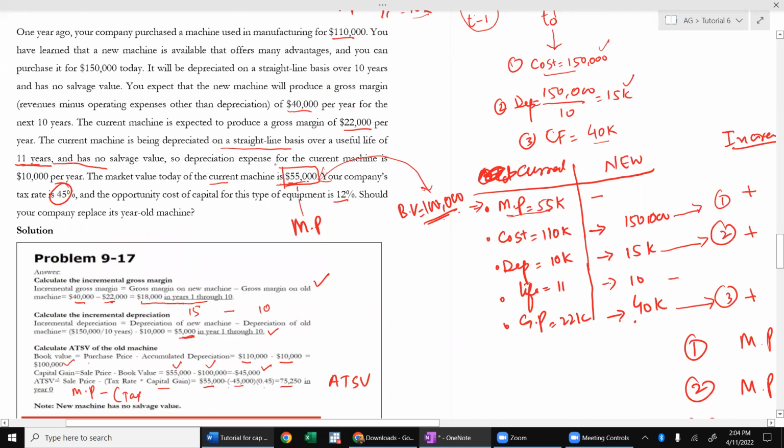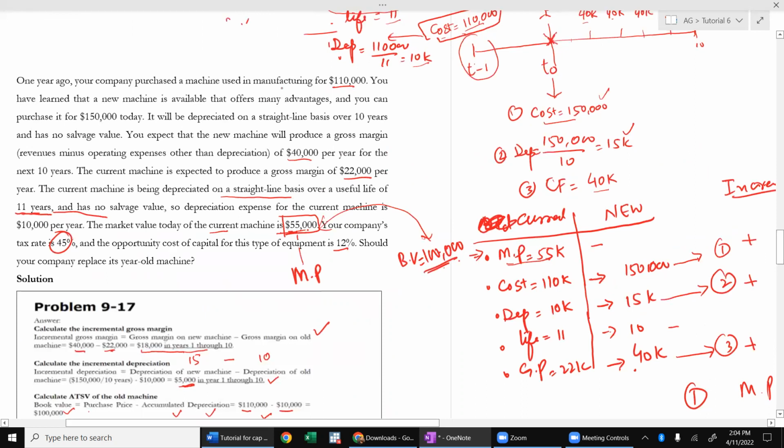How about the new one? If I change this information, please note it down. You have learned that a new machine is available that offers many advantages, and you can purchase it for 150,000. It will be depreciated on a straight line basis over 10 years and has no salvage value, right?